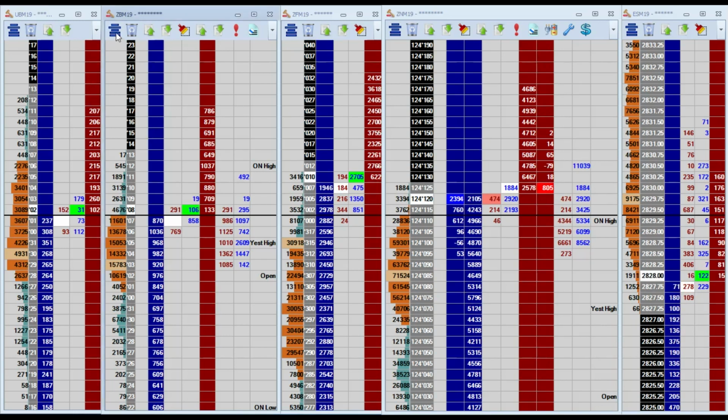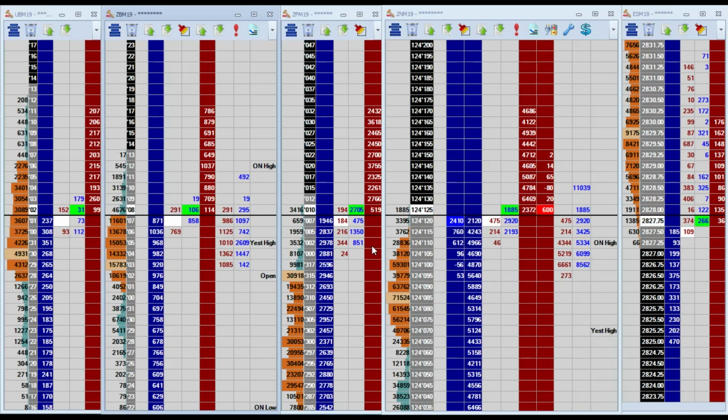What you're looking at here is the Jigsaw daytradr platform. These are price ladders or order books. And just really quick, moving left to right. We got a little bit of time, so I'm not in a huge rush. All the way over here on the left is Ultra Bond, the symbol UB.